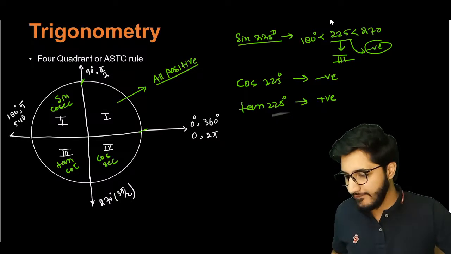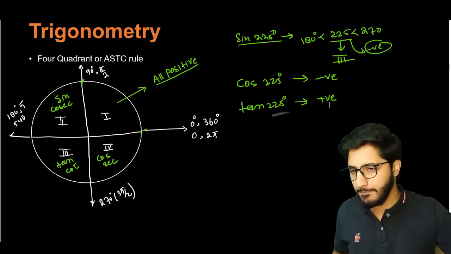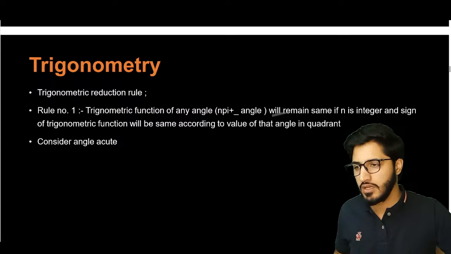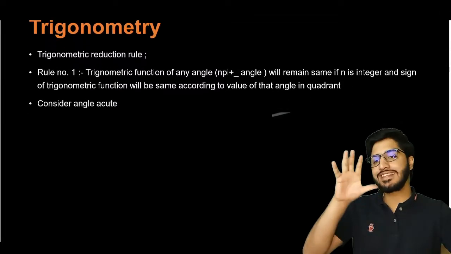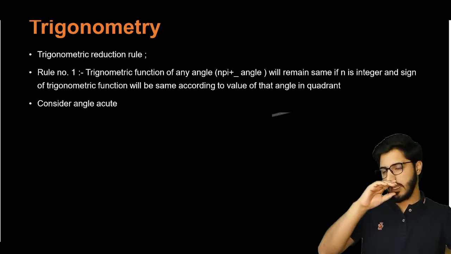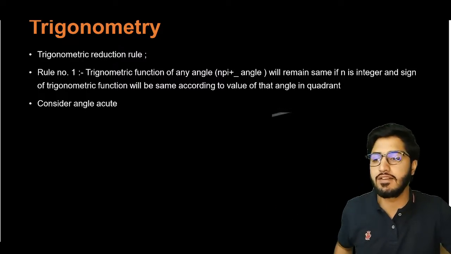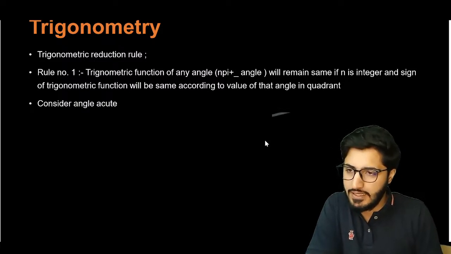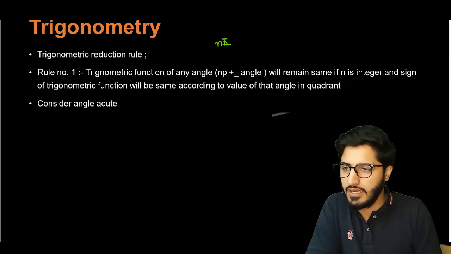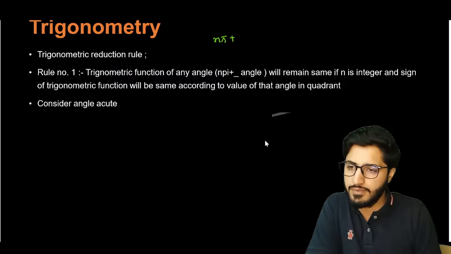Now, just a second. If my argument, that is, if my theta is above 90 degree, then how can we deal with it? So here we are having n pi plus minus theta.